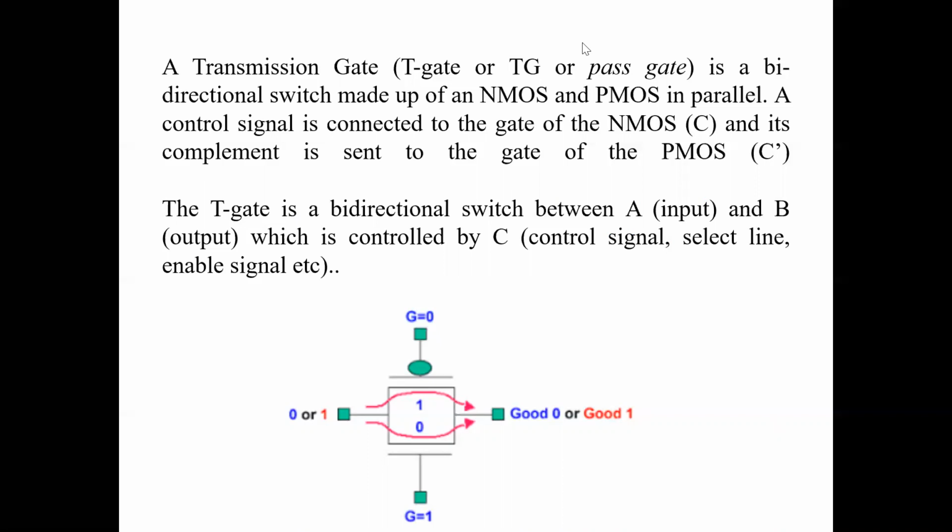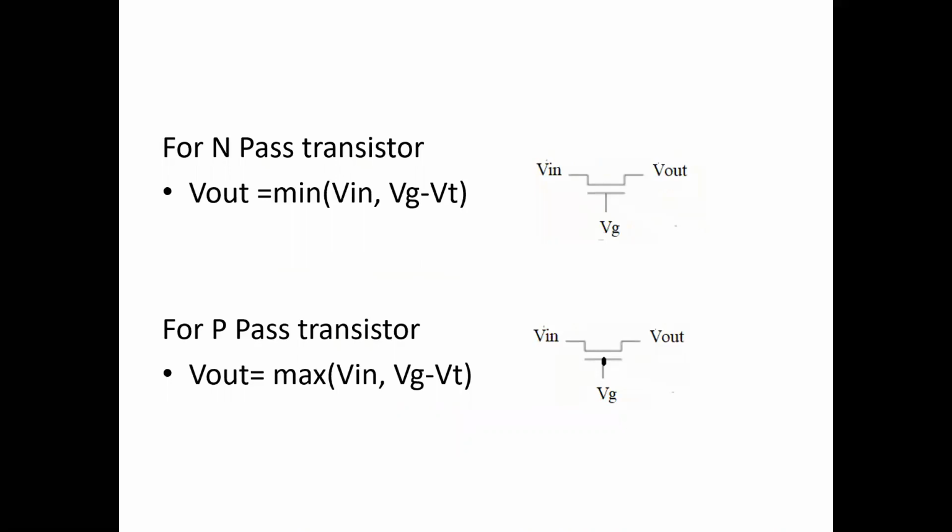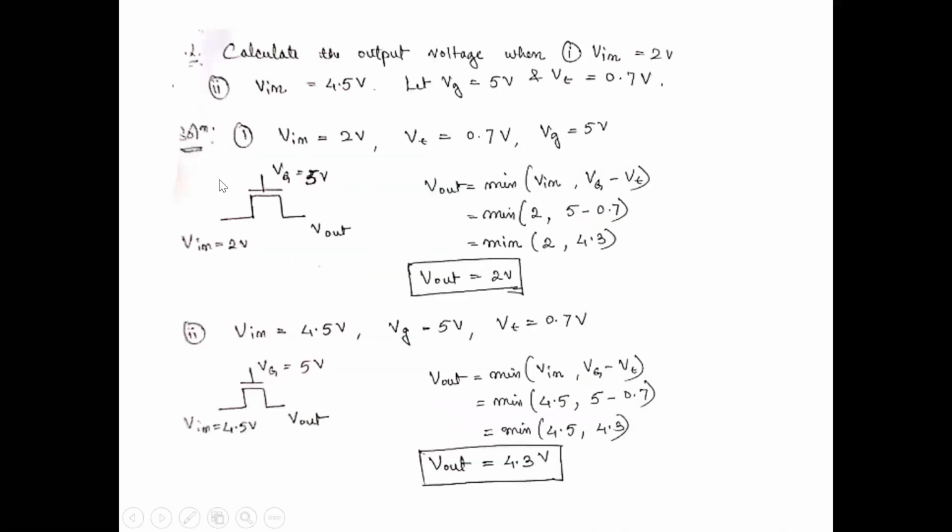Whereas in a pass transistor, whether you use an N transistor or a P transistor, the output will be degraded. So to overcome that, the transmission gate is used, which will give proper VDD and 0 voltage. So this is important here.